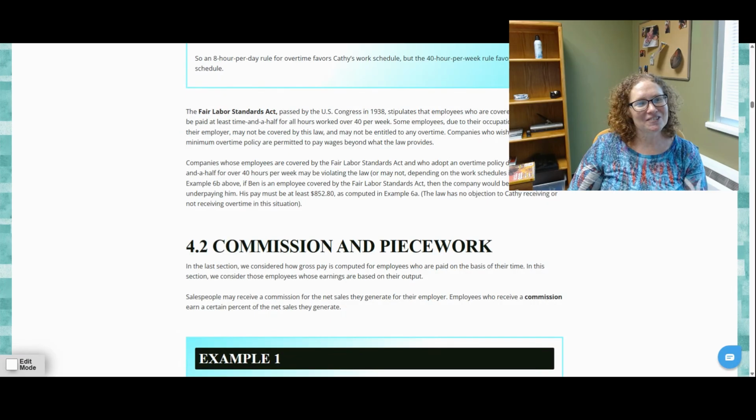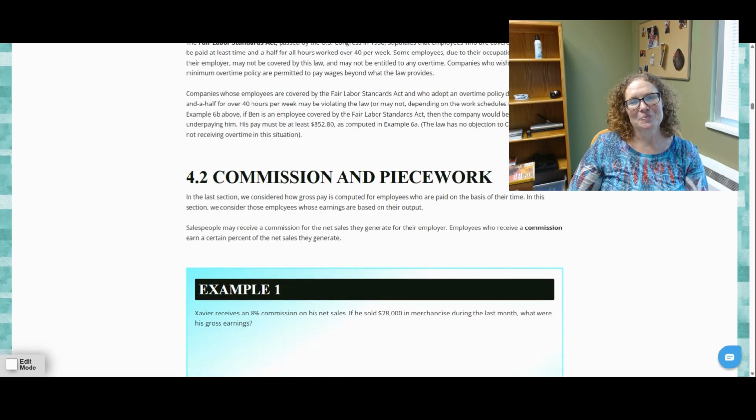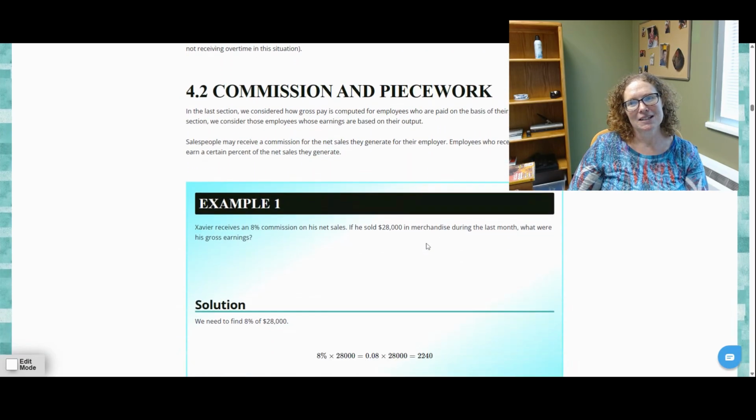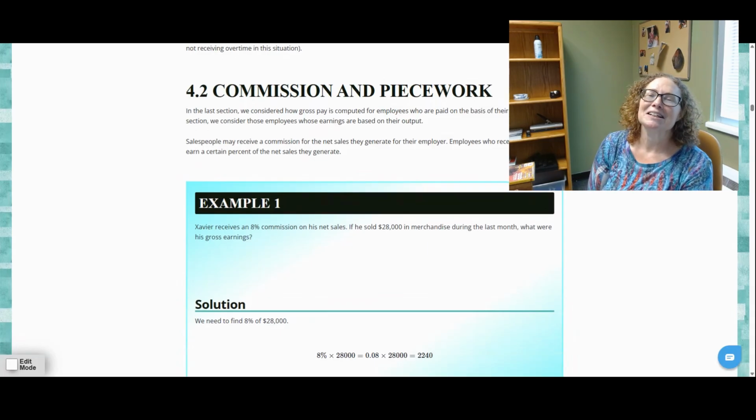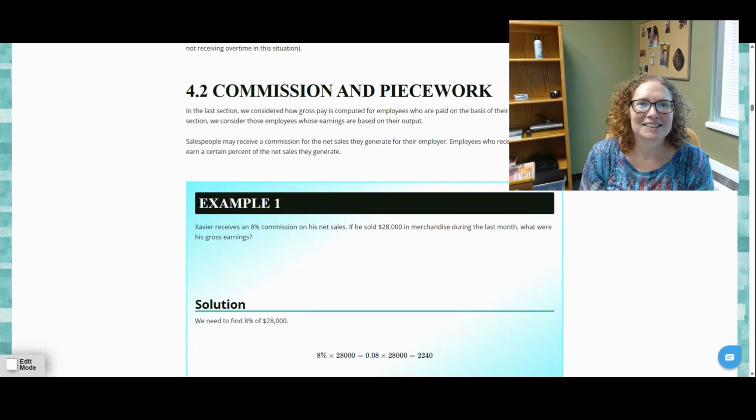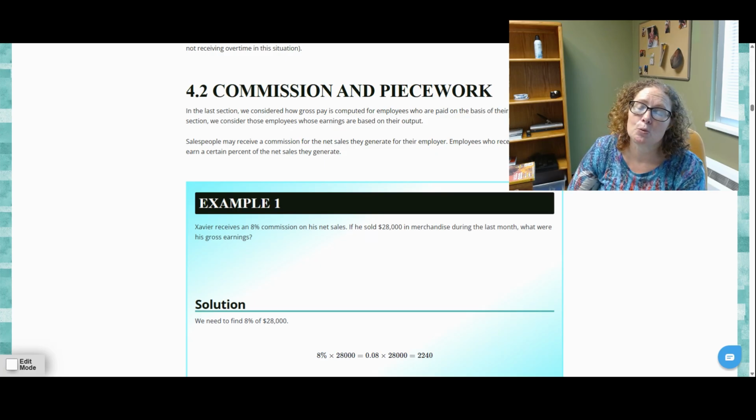So hopefully that section was very understandable, and we've got gross pay based on regular time and overtime. Next, we're going to talk about commission and piecework.